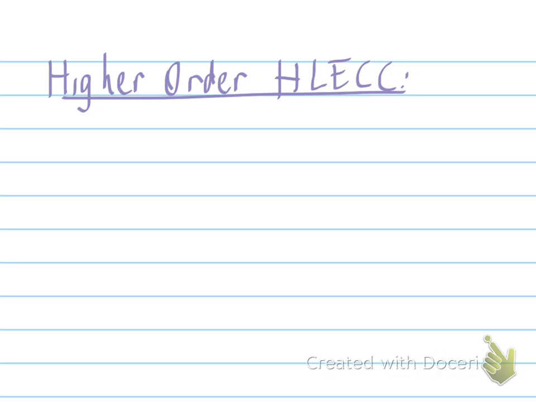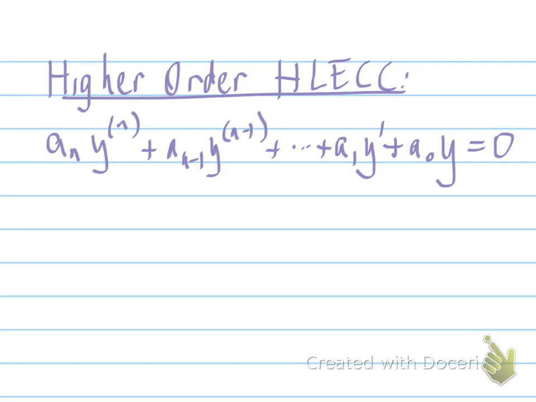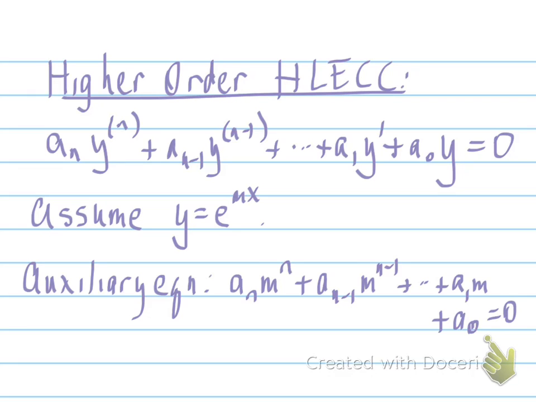In the higher order HLEX case, we would have something that looks like this, an nth order HLEX. We're going to do exactly the same thing. We're going to assume we have a solution of the form e to the mx, and then we're going to take all of our derivatives up to order n, and we're going to plug into our differential equation.